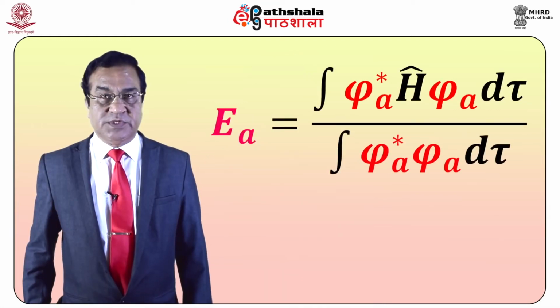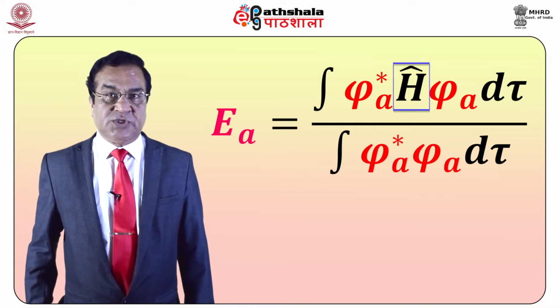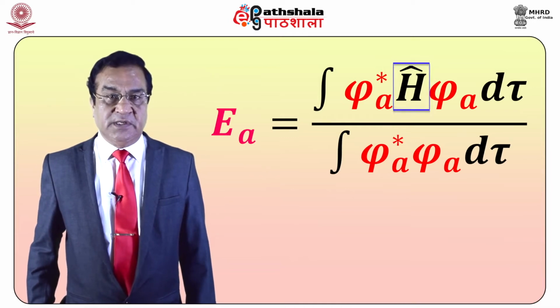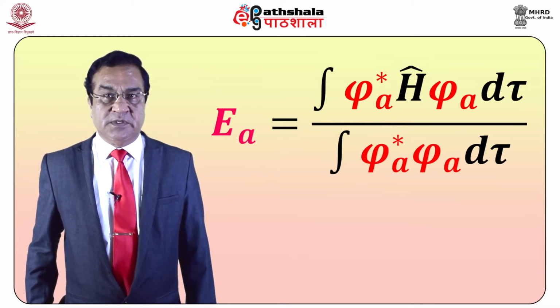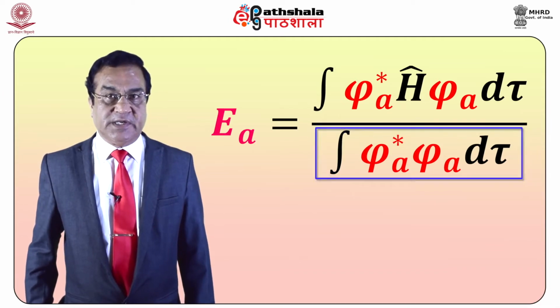Once we have this atomic orbital, then using the variation method, one can calculate the corresponding approximate energy. The approximate energy using the variation method is given by the following expression, which is EA is equal to the integral of phi A star H cap, that is the Hamiltonian, phi A d tau, divided by the integral of phi A star phi A d tau.